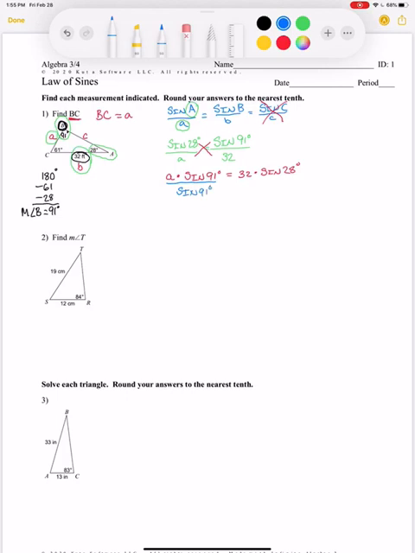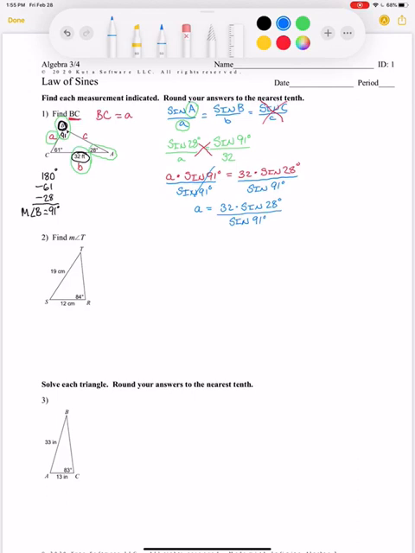I want to get it away from side A. So they cross out. And a equals 32 times the sine of 28 degrees divided by the sine of 91 degrees.